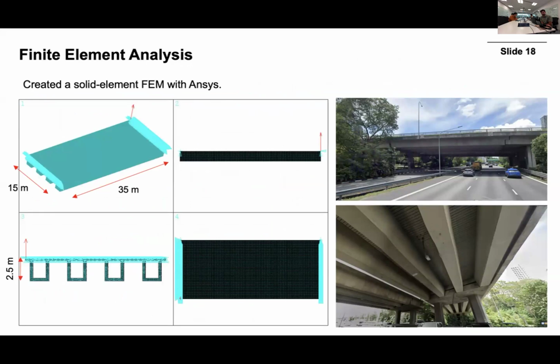Because we don't have very accurate design parameters of those bridges, we can only roughly estimate those parameters. So I built this finite element model based on a general setting. It's 35 meters long, 15 meters wide, and I used solid elements to create those FEMs.